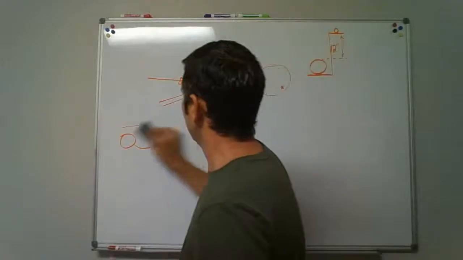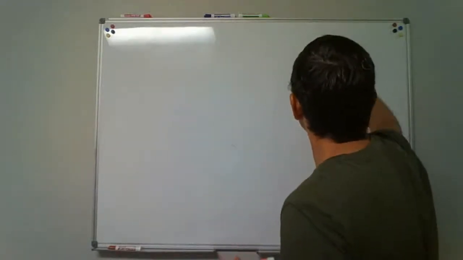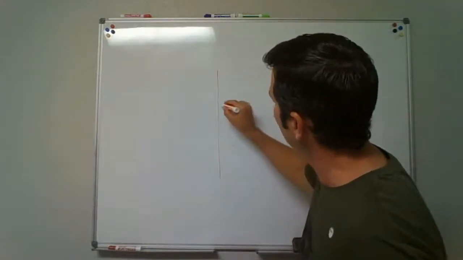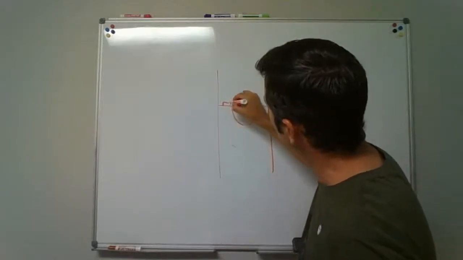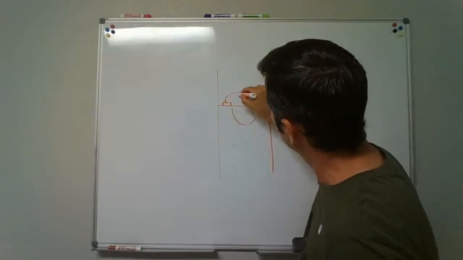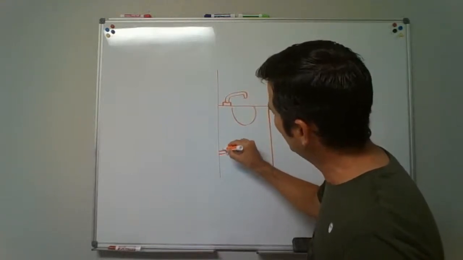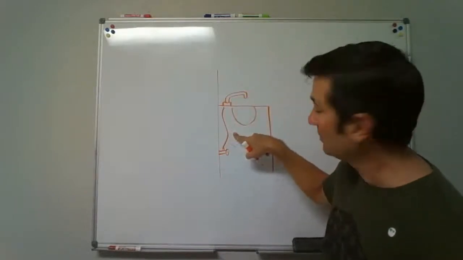A maximum of 36 inches. So there's your wall. Here's a fixture. Let's just make it a sink. Okay. Coming out, you got a shut-off valve. This is the supply.